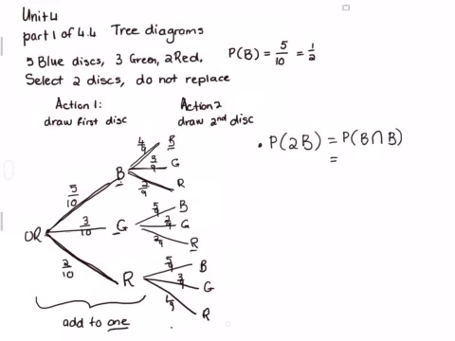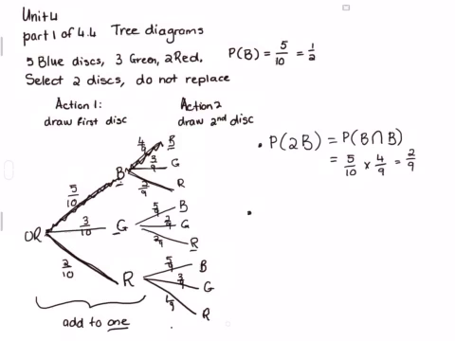There's only one way we could have done that, is if we went along this branch and then along that branch. And because I say and, I take that probability and I multiply it by that one. You can multiply and simplify. You can leave it in fraction form or write it as a decimal.